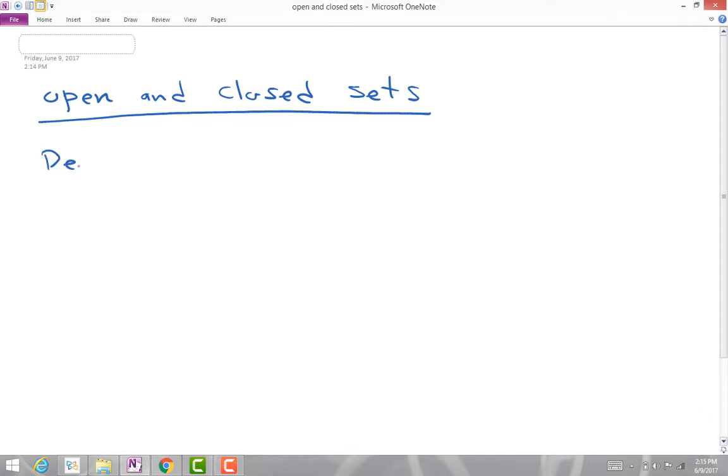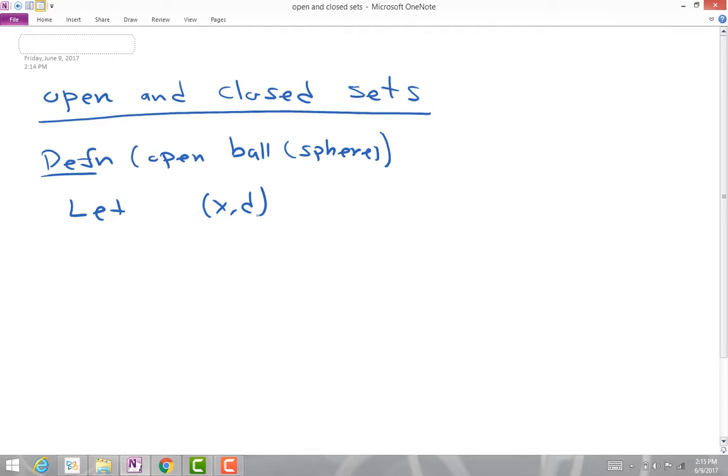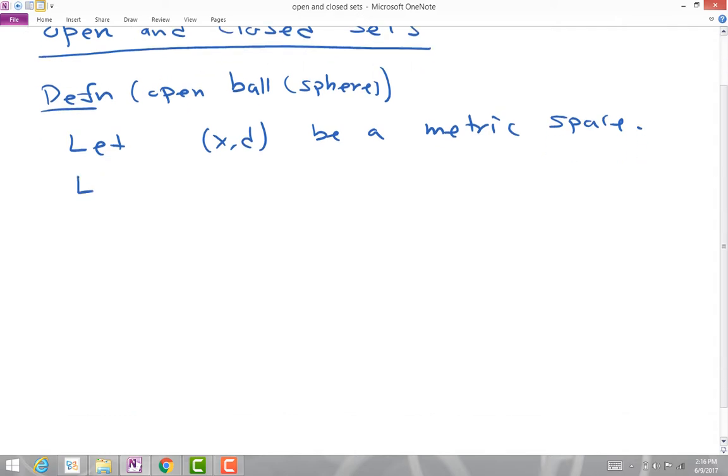So first we'll define an open ball or the open sphere. So we start with a metric space. So I take (X, d) to be a metric space, and I take a fixed point a in X and a number r that is greater than 0.